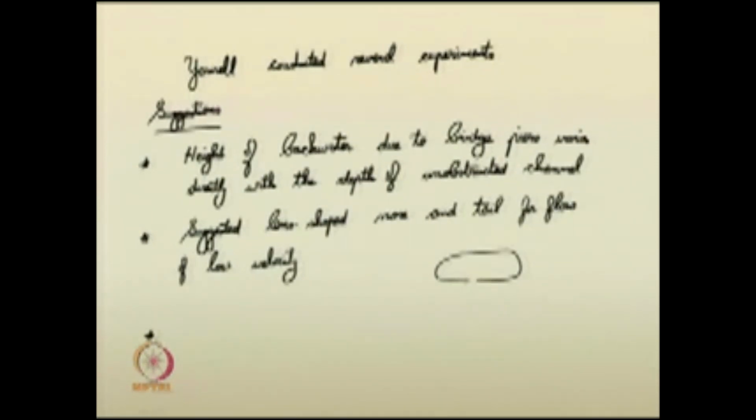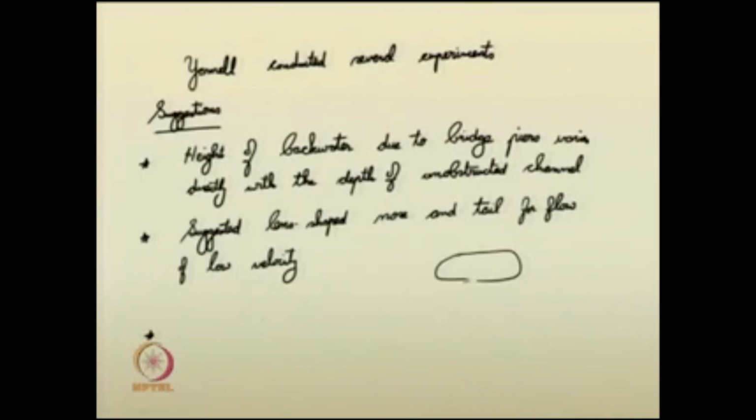Another interesting aspect he found was that increasing the length of the pier with respect to its width does not further increase the hydraulic efficiency of the channel flow. So, there is no meaning in increasing the length of the pier. The length of the pier, in this particular case, is this and this is the width.